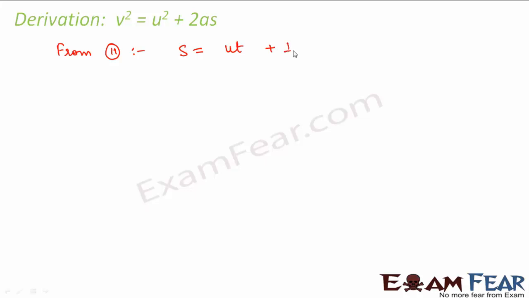Okay. Now let us look at the third equation, that is v square is equal to u square plus 2as. From the second kinematic equation, we saw that S is equal to ut plus half at square. But now we need an equation which doesn't have t, an equation excluding t. So in the same equation, we can put the value of t is equal to v minus u divided by a.